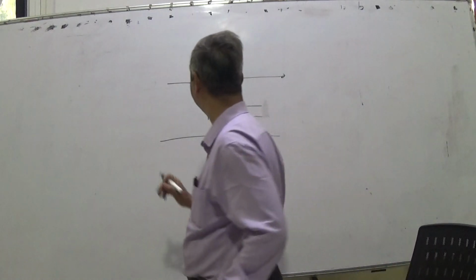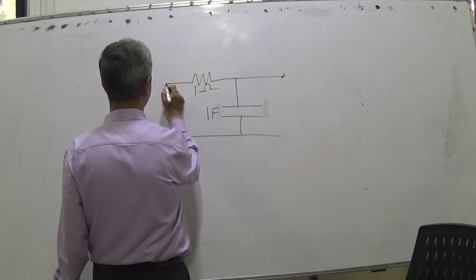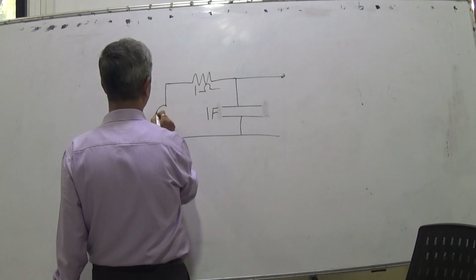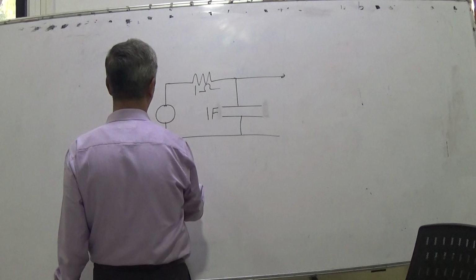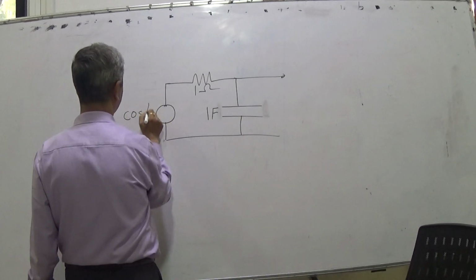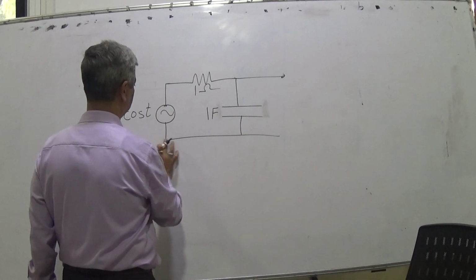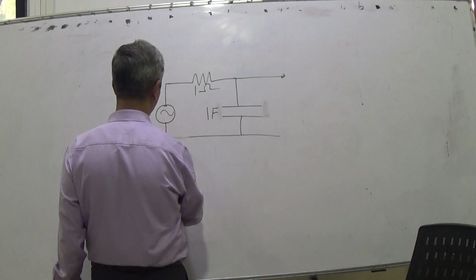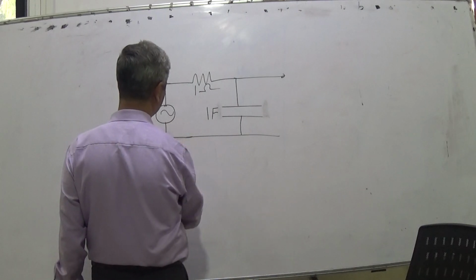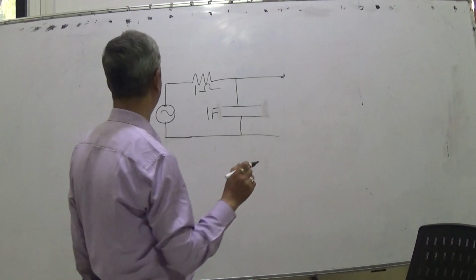Now I make things further interesting: instead of this, I connect V in t as cos t. Again I have taken a very simple circuit. V in t as cos t.